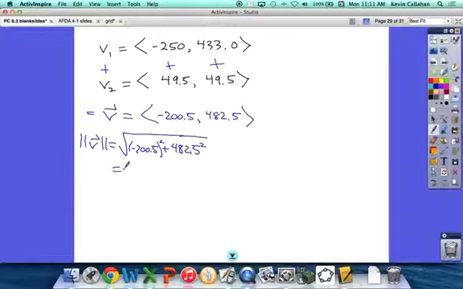Square root of 200.5 squared plus 482.5 squared. 522.5. And that is a magnitude that was given in miles per hour, so this is miles per hour. Which is faster than the plane was going originally, right? It was going 500 miles an hour, now it's going 522, so it's actually acting as a little bit of a tailwind to it. And then how do I find the direction angle?